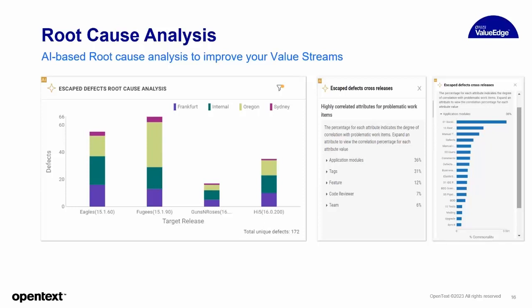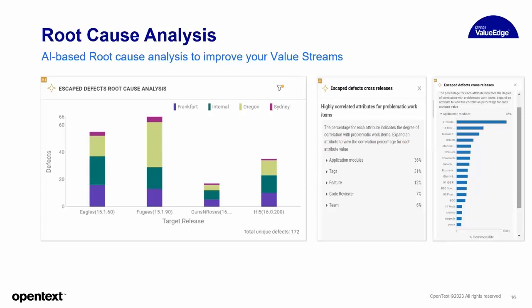Well, this is where we have our root cause analysis widget. This helps you define problematic items and track them throughout the releases. And as you can see, ValueEdge will actually identify the root cause for you, so you can help users identify the root cause of the problematic behaviors.